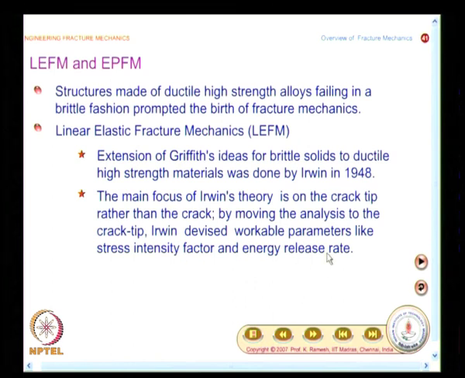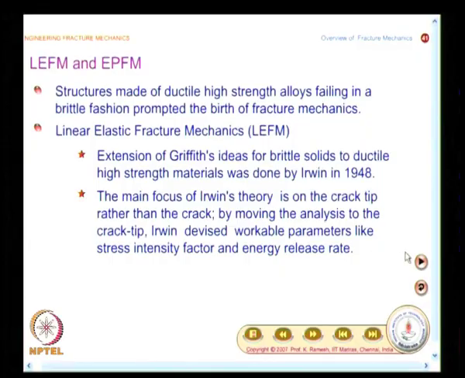So, that was a very important contribution by Irwin, and even in one of our earlier classes, I showed that when you have a crack, the crack tip is taken as the origin and the crack axis is taken as the x axis. So, all that comes from the contribution by Irwin.